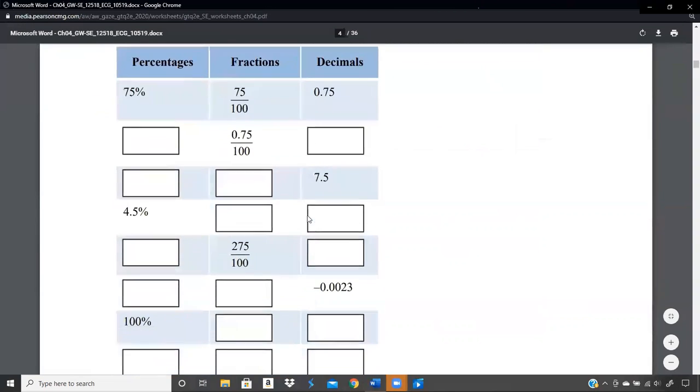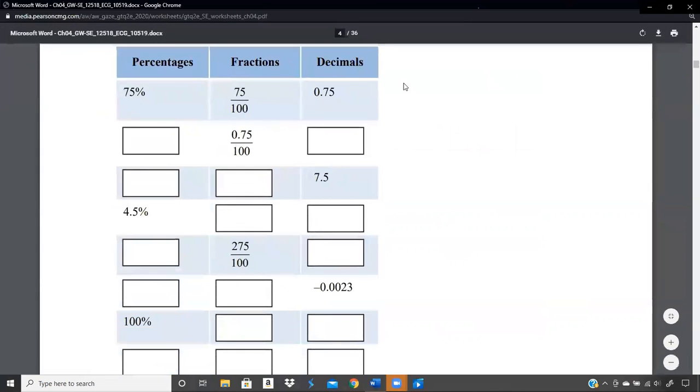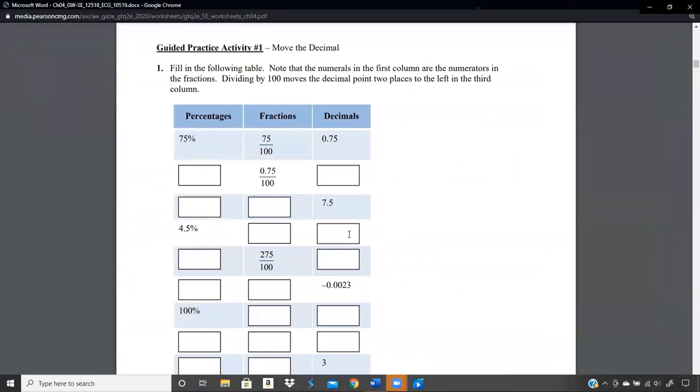So what we want to do is exactly that. We're going to be given one of these things for each row, except for this one down here, which is going to be 200 over 100. Yes, 200 over 100.